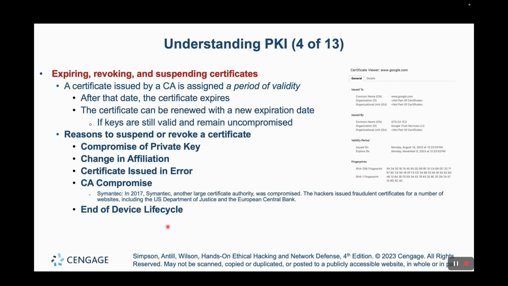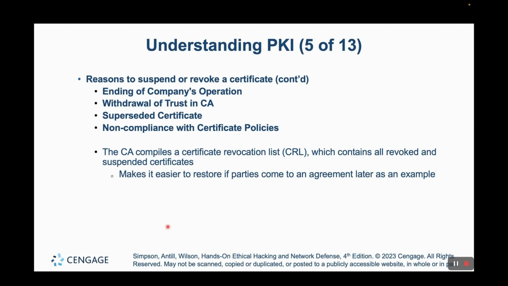Now, let's say that you have a server running, or network appliances, whatever. If the device that was issued a certificate is decommissioned or retired, then you have to revoke its certificate. Other reasons like ending of a company's operation. I mean, let's say the company ceases operation or shuts down a service.